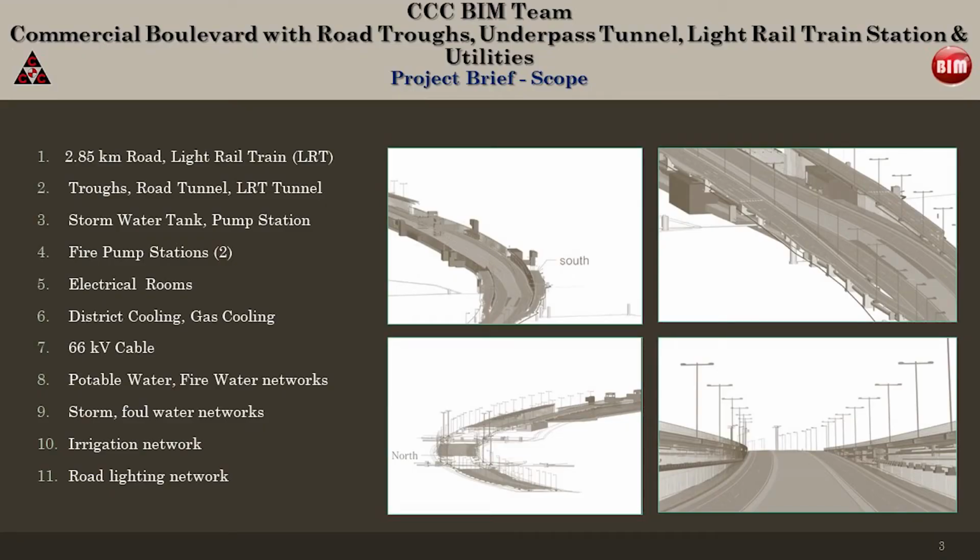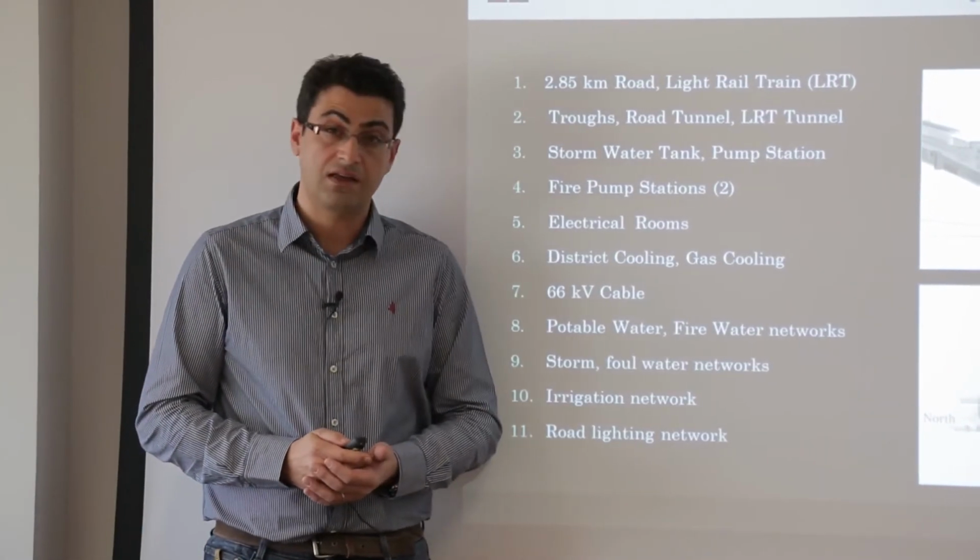For a small description of the project, we have to say that this project is a 2.85 kilometer road and light rail train track with troughs, tunnels, and a tunnel for the train as well, plus ancillary buildings such as stormwater tanks, pump stations, fire pump stations, electrical rooms, and a lot of MEP utilities such as district cooling elements, gas cooling elements, 66 kilovolt cable networks, potable water, fire water, storm, foul water and irrigation networks, and the road lighting as well.